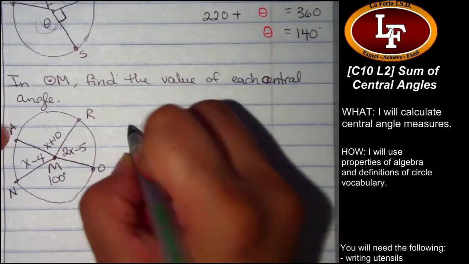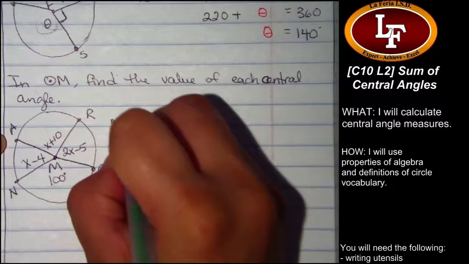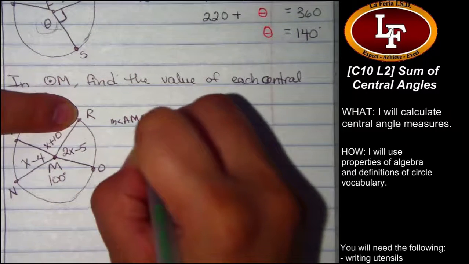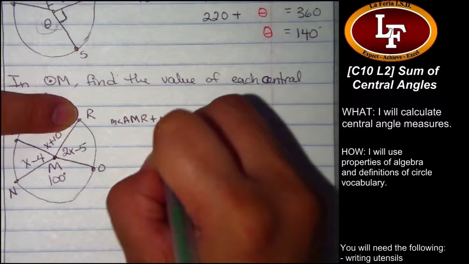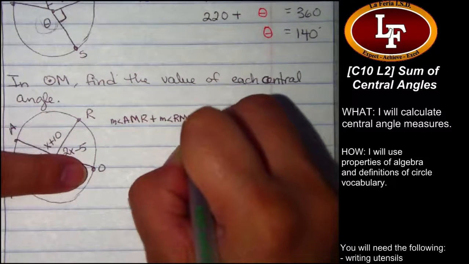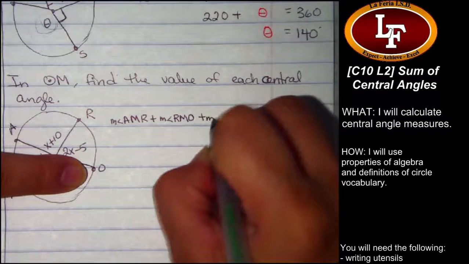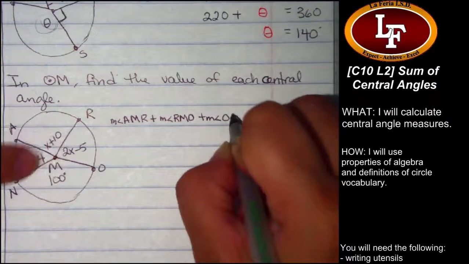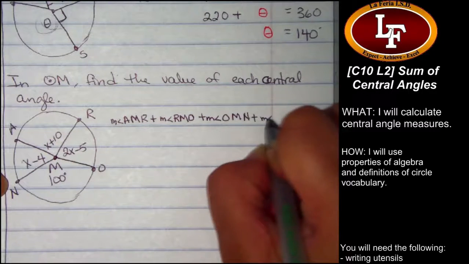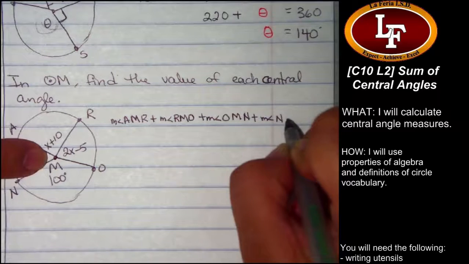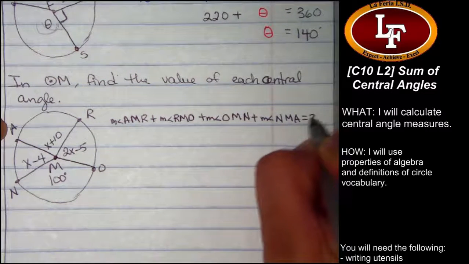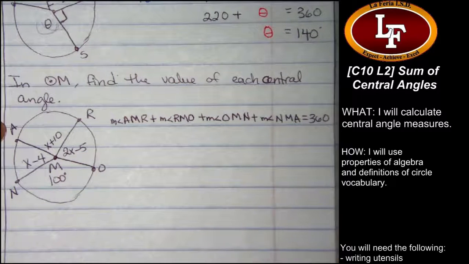So I'm going to start here, the measure of angle A, vertex at M, going through R, plus the measure of angle R, vertex M, O, plus the measure of angle O, vertex M out to N, plus the measure of N, vertex M, A. When I add up all of those, I need to get 360.